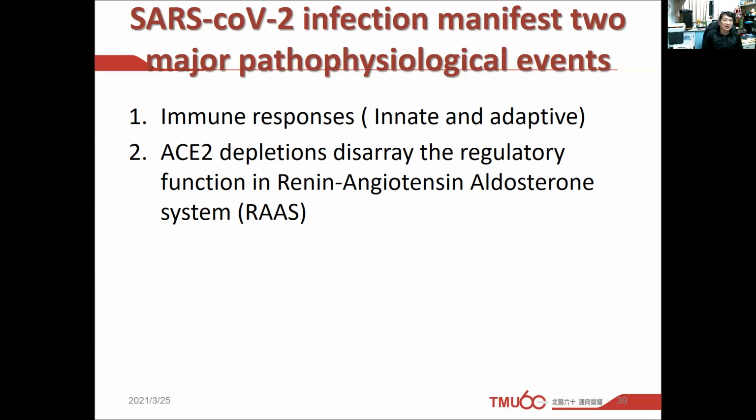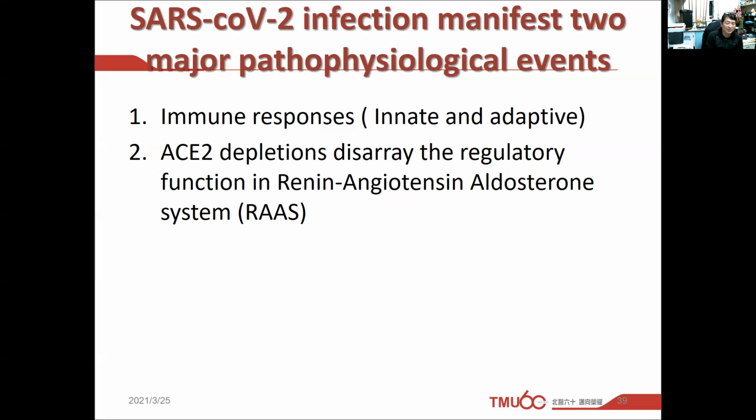And second, as I just mentioned before, the COVID-19 virus relies on binding of the ACE2 receptor, and then processes their activity, duplicates their genome, and reproduces little viruses in the host cells.